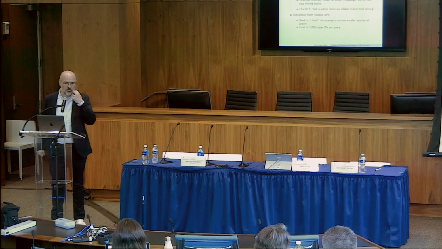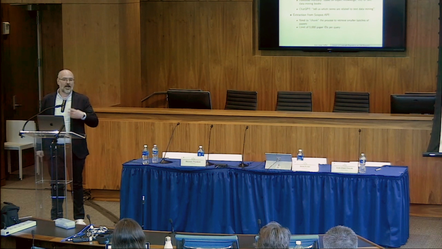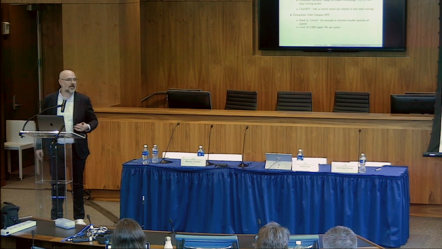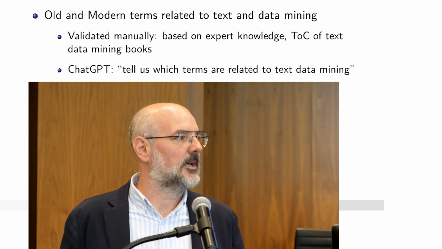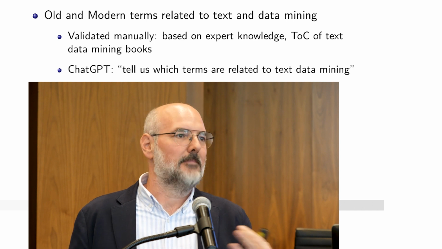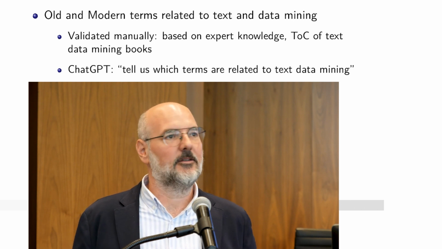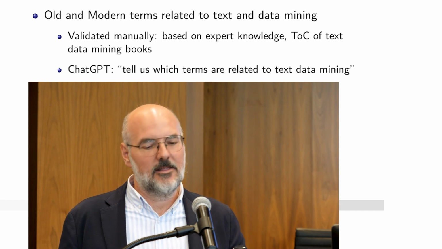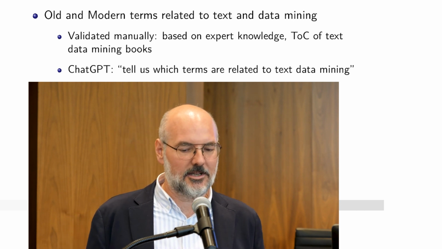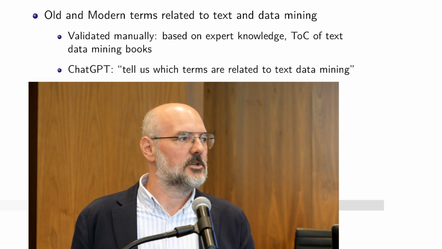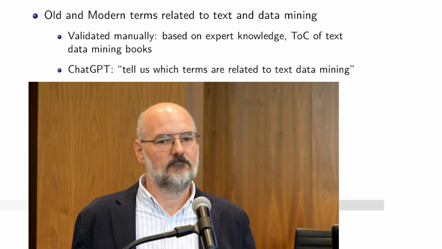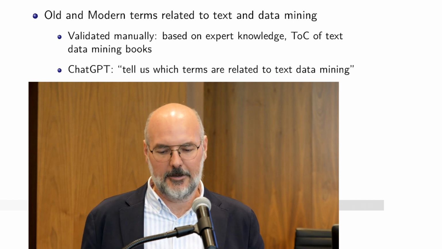This search was based on keywords or key terms, and these terms were gathered following two different strategies. The first one was a classic manually validated strategy, looking at tables of contents of several manuals and books on text and data mining and finding these kinds of keywords. And then we also used ChatGPT to retrieve what kind of terms could reasonably be assumed to be related to data mining.